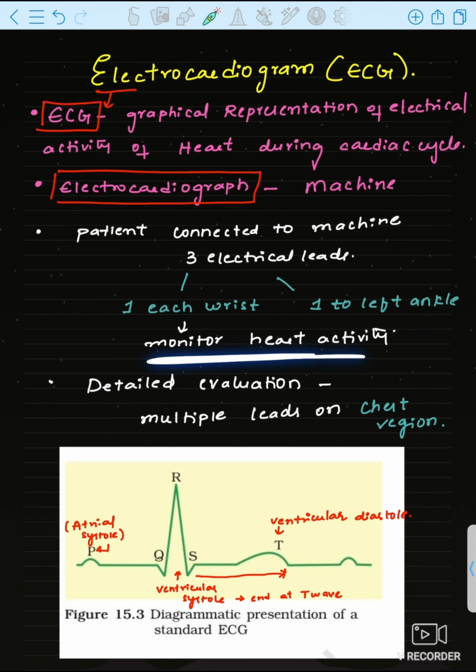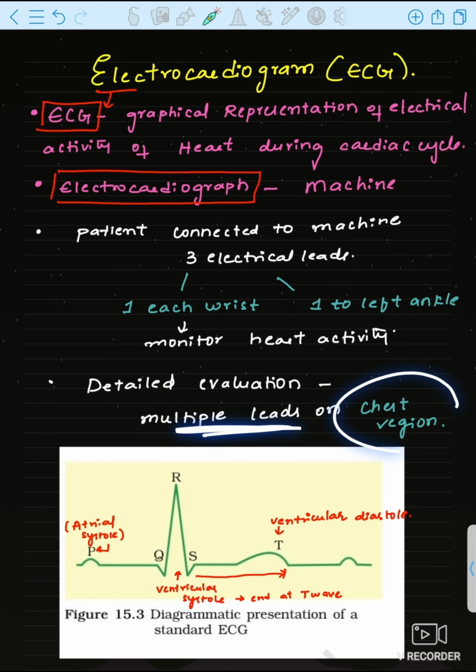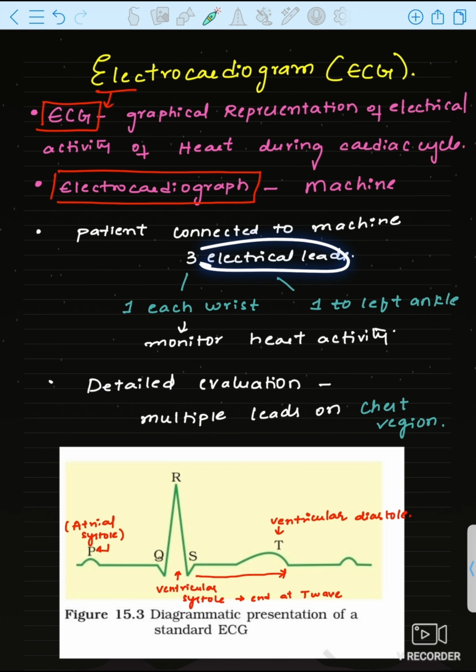That way we can monitor the heart activity. For detailed evaluation, multiple leads should be placed on the chest region. But generally, 3 electrical leads: one on each wrist and one on the left ankle.